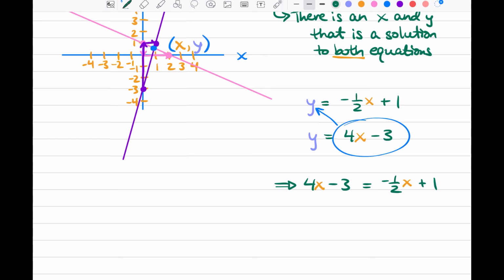So we can get x by itself and figure out what that orange x is. So we're one step closer to the solution. And another way to think about this is that what we just did is we essentially just set our purple y's equal to each other.